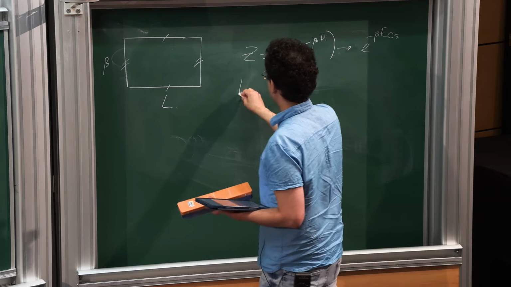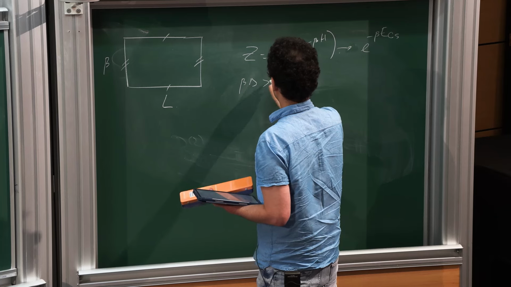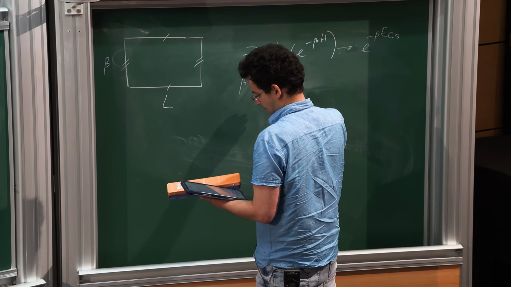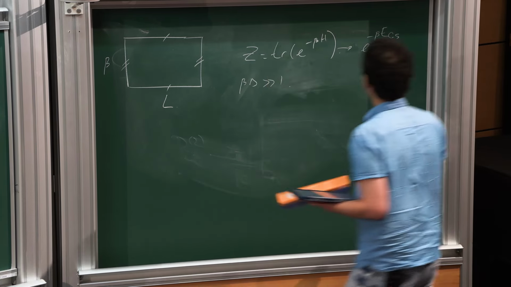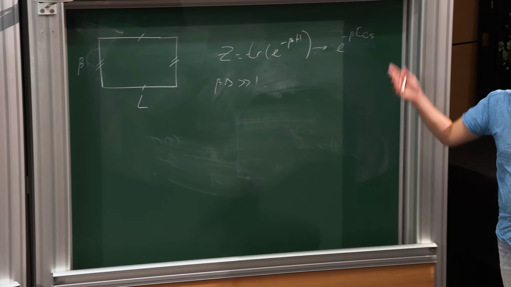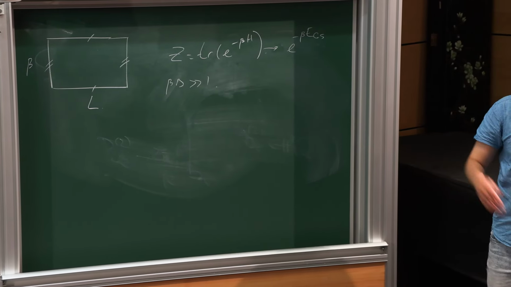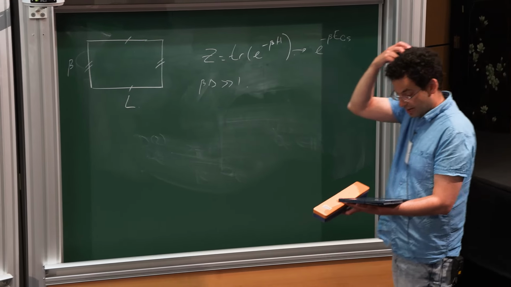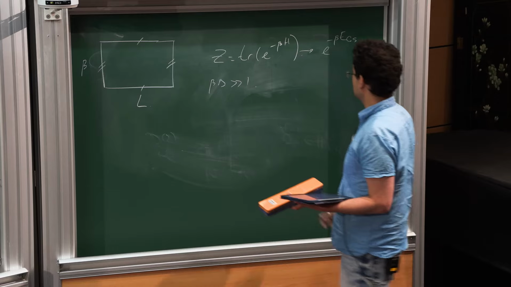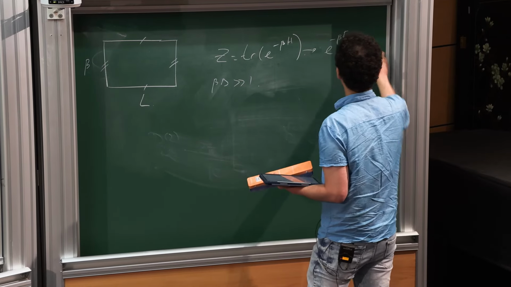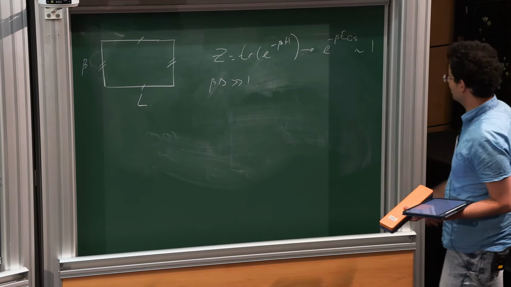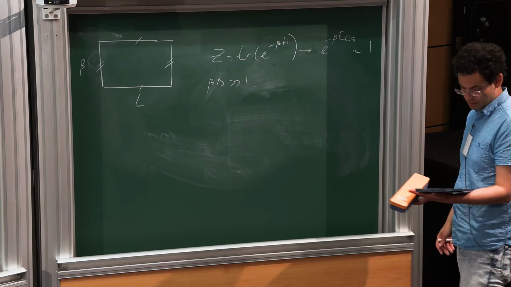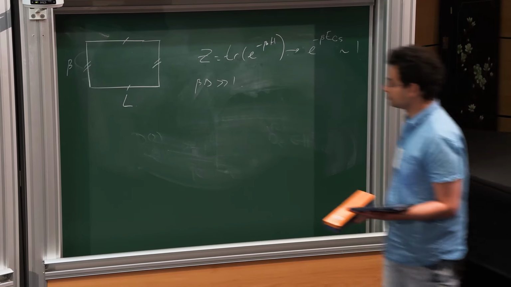When beta delta is much bigger than 1. So the ground state energy is some non-universal quantity, which I can always tune to 0 by properly adjusting my Hamiltonian. So then I'll just tune it so that this partition function becomes 1. Right?